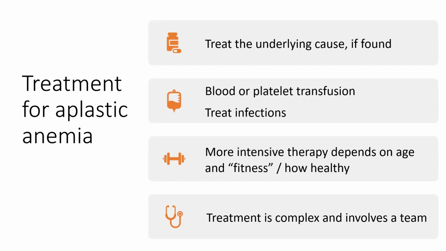And hopefully by treating this and rewiring the immune system or delivering the baby, these counts will get better on their own. But if you can't find the cause, that's when the hematologist needs to have further discussions about what we need to do to reset this bone marrow.